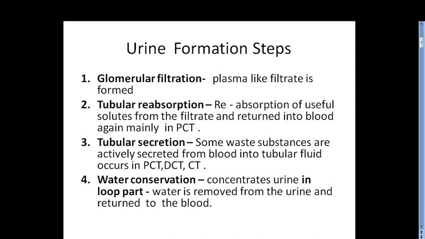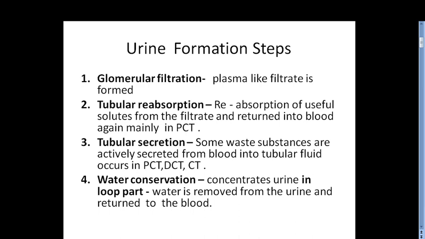Next step is reabsorption. The important nutrients also get filtered through the glomerulus, so they are again reabsorbed, and maximum absorption is in the PCT and again returned into the blood. And in the part of tubular secretion, some waste products which are left within the blood, they are actively secreted, especially the potassium or hydrogen ions or uric acid, into the different parts of tubules like PCT, DCT and CT.